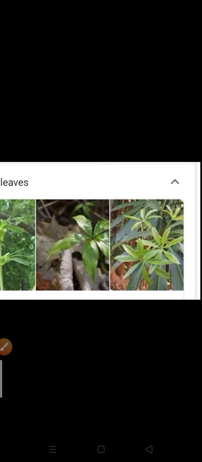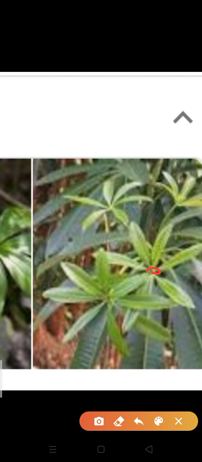In these also you can see such type of leaf pattern. Whorled means more than one leaf arises from each node. You can see here, this is one node, this is another node, and more than one leaves can arise from each node. This type of phyllotaxy is known as whorled.